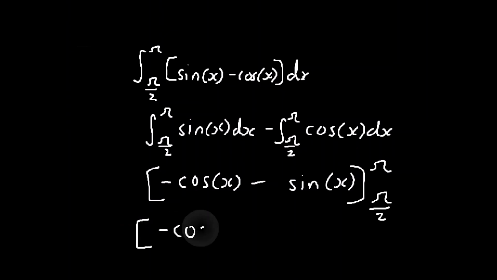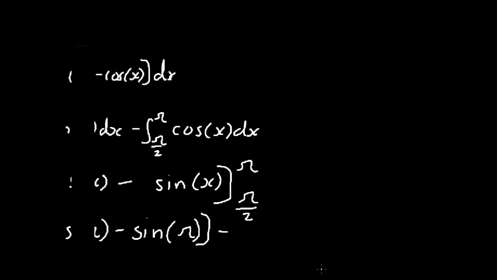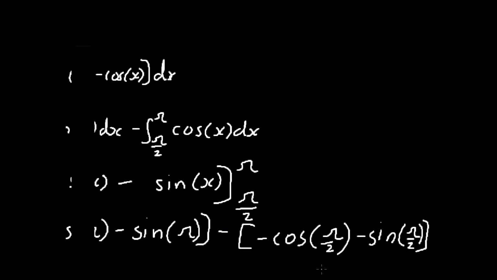It becomes cos by pi minus sine by pi. And then now stick a negative sign there and stick in that pi divided by 2 for each of these. Okay, and that will become like this. As you can see, it's just a lot of writing.